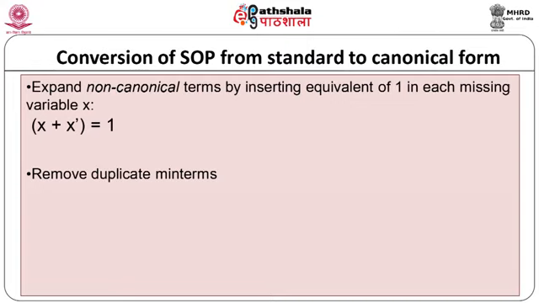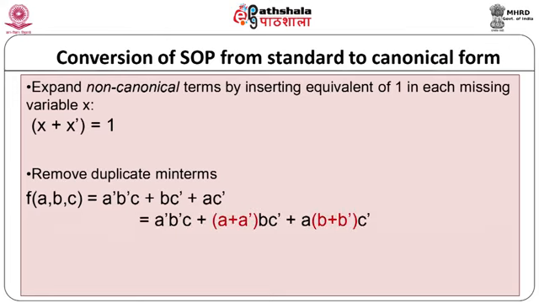Let us consider an example wherein we have an expression of 3 terms as given here. We can clearly see that in the second term a is missing in the product term. So, we can add a redundant term, a OR with a bar.